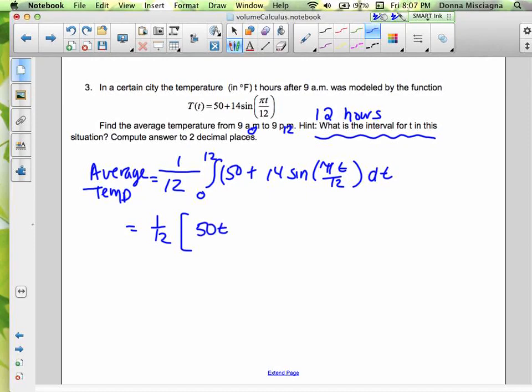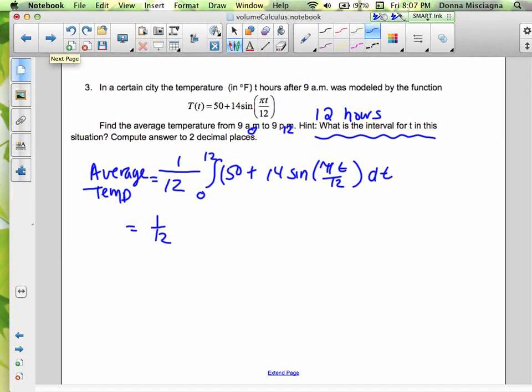If we integrate, we have 50t plus, okay, so now we might want a u-substitution. So let's split the integral up, because we're going to need a u-substitution for the sine part. So it would make real sense to do that right off the bat.